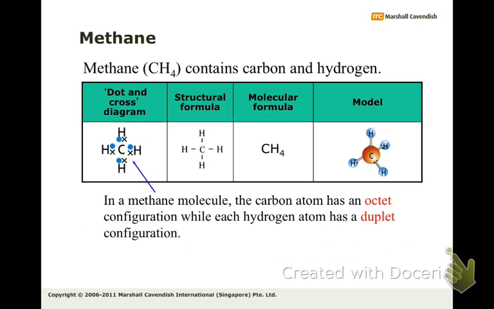Group 7 needs 1 pair. Group 6 need 2 pair. Group 5 need 3 pair. Group 4 need 4 pair. So carbon is in group 4. It will need 4 pairs of electrons. So it will be surrounded by 4 atoms of hydrogen, who all need 1 pair only. So it will form a formula of CH4. So methane altogether has 4 single covalent bonds.